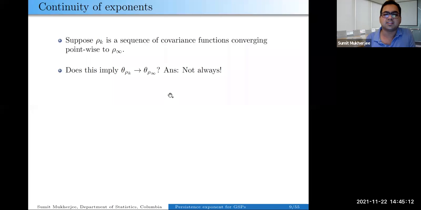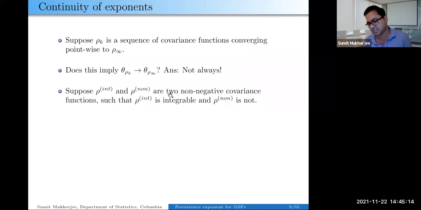But one can give a very easy counterexample based on what we already discussed. So take two correlations of your choice, fix them. One is an integrable correlation, so non-negative, and one is not an integrable correlation, as indicated by the notations rho int and rho non.